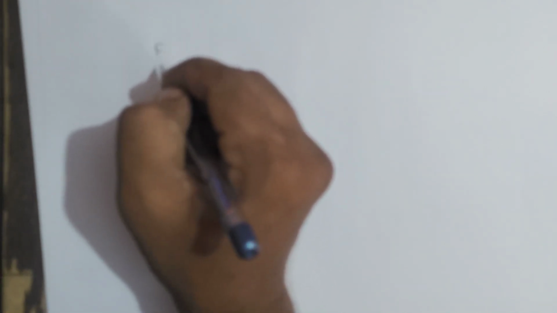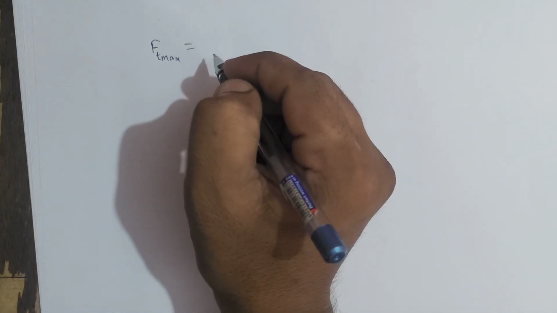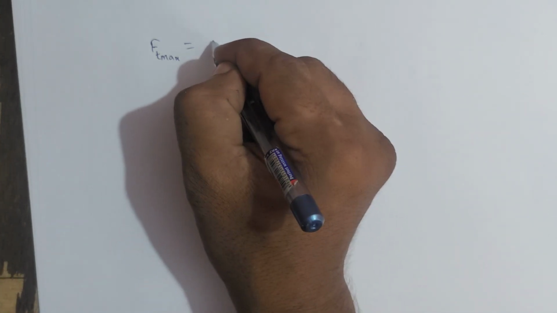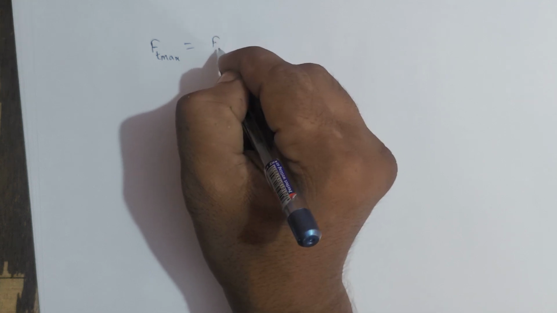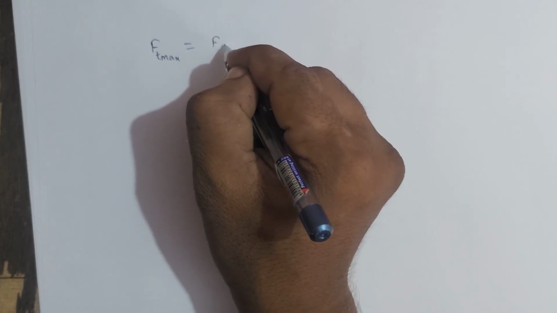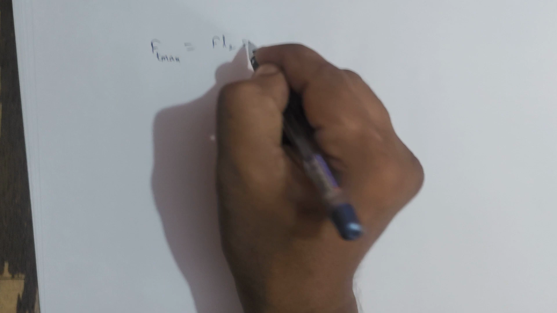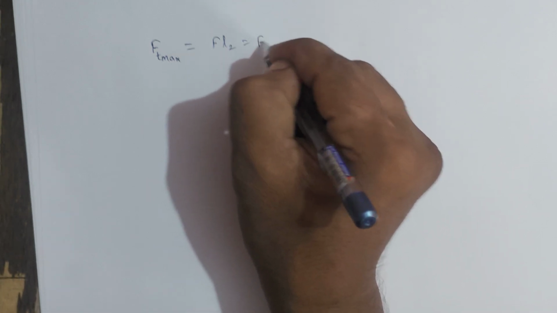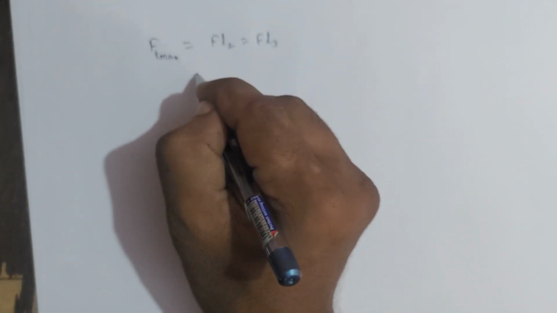And now we can find the maximum load. So that is F1, F2, F3. So we have to find Ft max, that is the maximum load, and the maximum load is in the bolt which is at the farthest distance. So that is bolt number 2 and 3, and that's why it is F into L2 or F into L3.